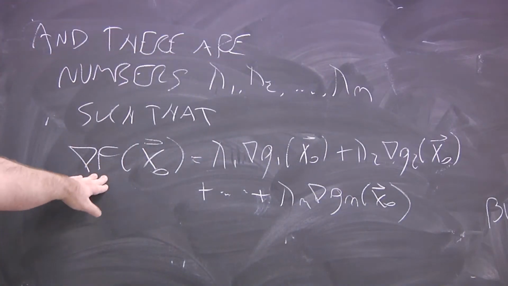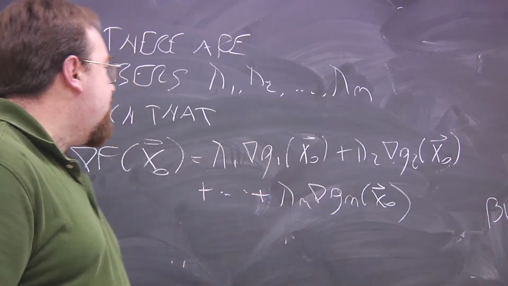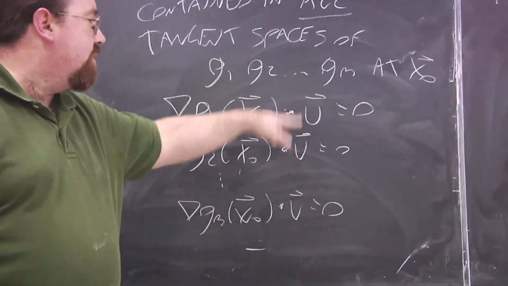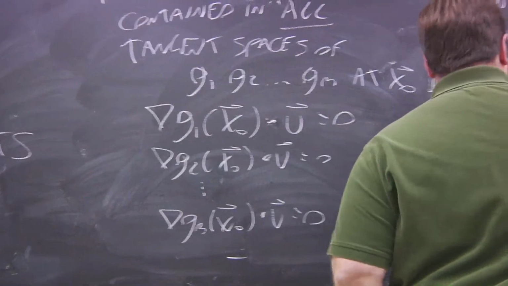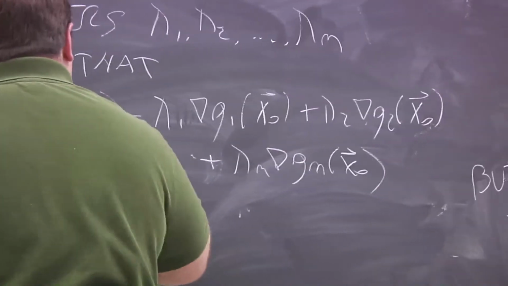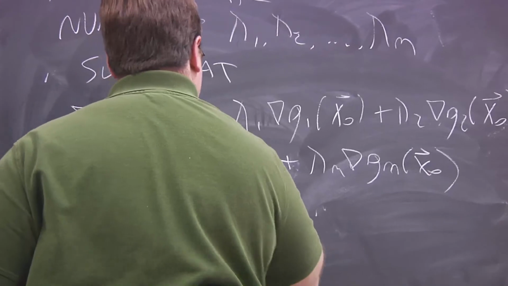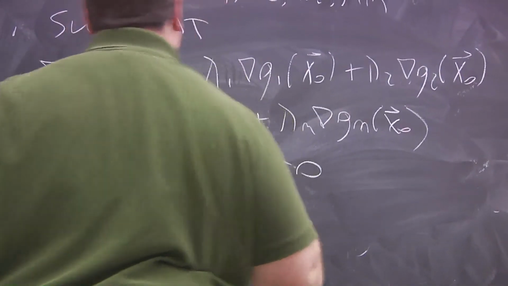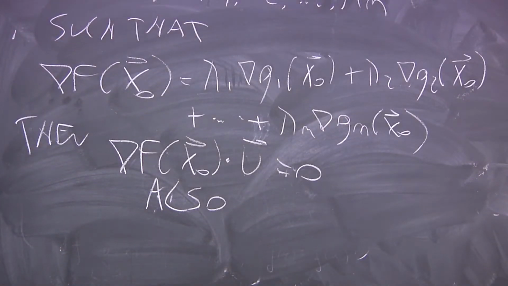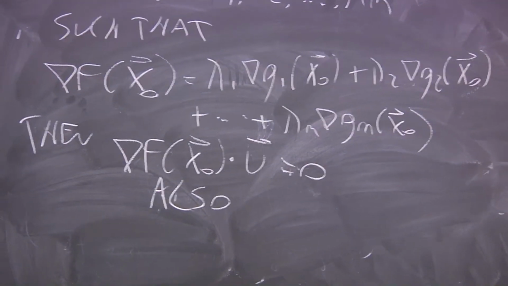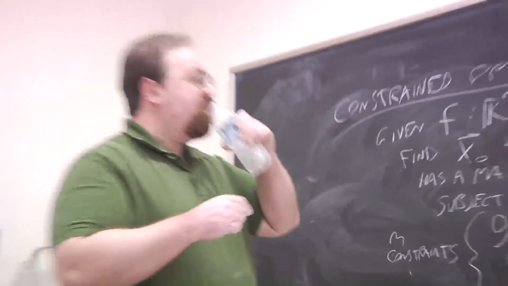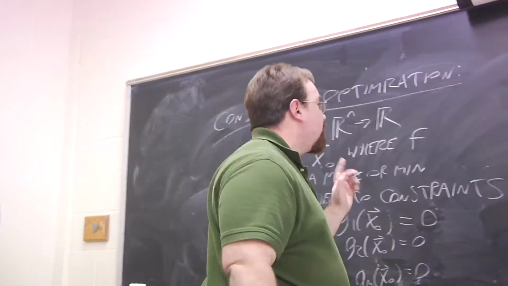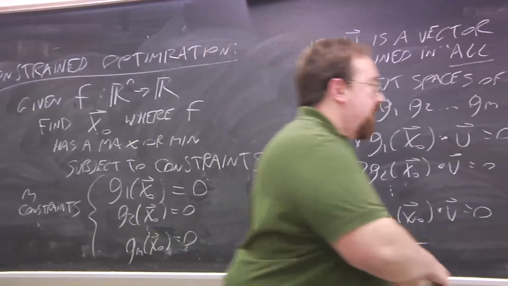So if the gradient of f is this linear combination of the gradients of g, because all of these gradients are orthogonal to u, then the gradient of f is also orthogonal to u. All right. So this is the key to finding a constrained maximum or minimum.